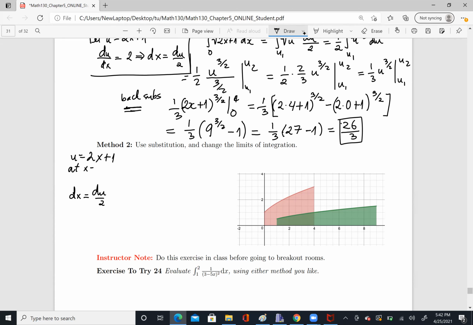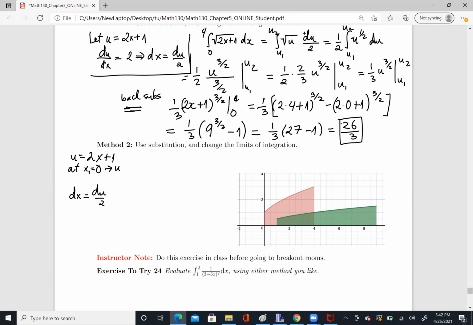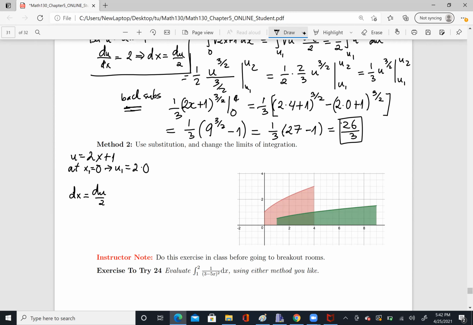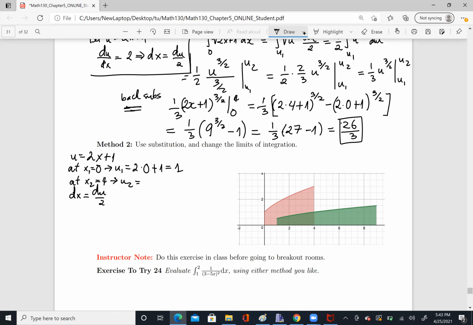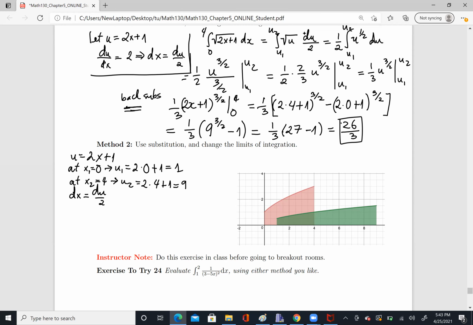At x1 equal to 0, I have u1 equal to 2 times 0 plus 1, which is equal to 1. And at x2 equal to 4, I will have u2 equal to 2 times 4 plus 1, which is equal to 9.